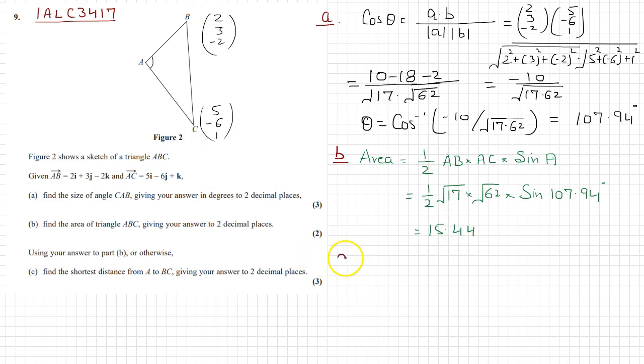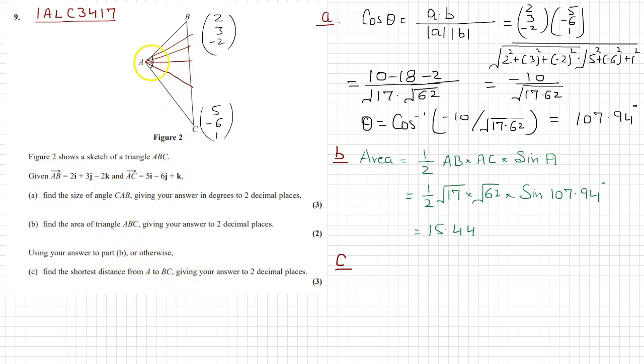Part C. Using your answer to part B or otherwise, means we can use this area. Find the shorter distance from A to BC. This is a line. This is the distance, these are all distances, but he's asking the shorter distance.